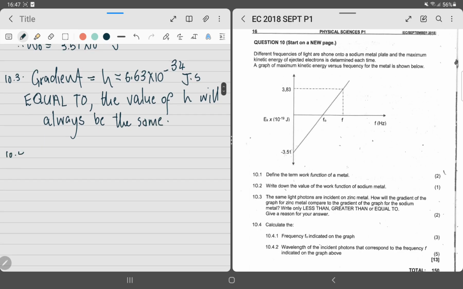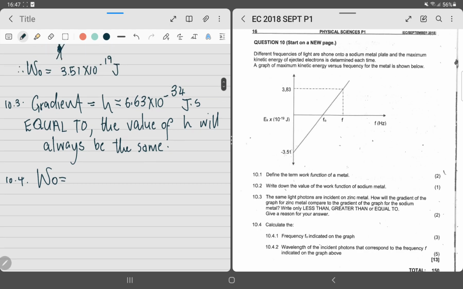Then 10.4. Calculate the frequency f0 indicated on the graph. We already know that the work function is equal to 3.51.